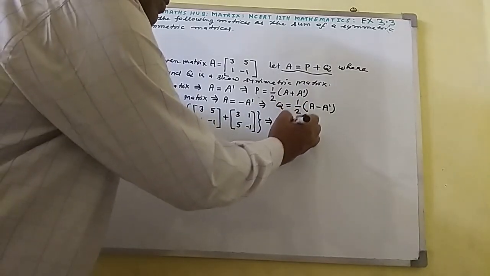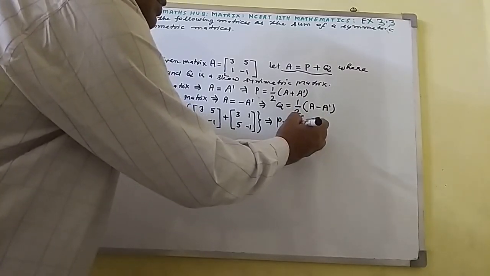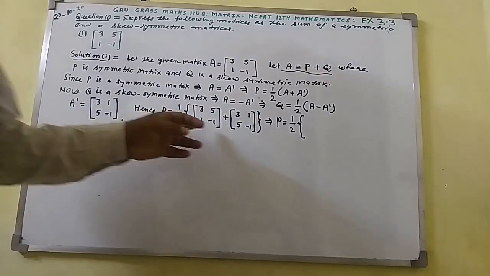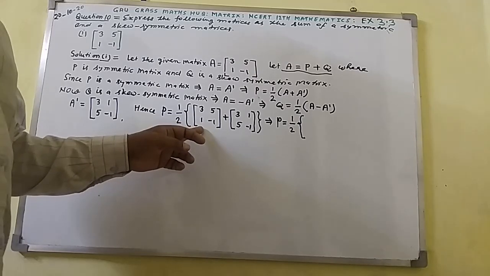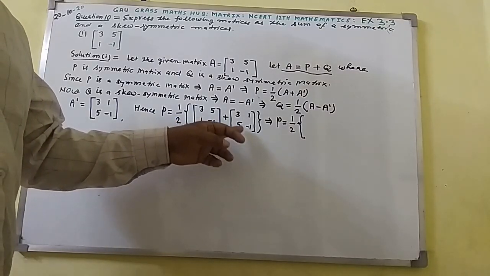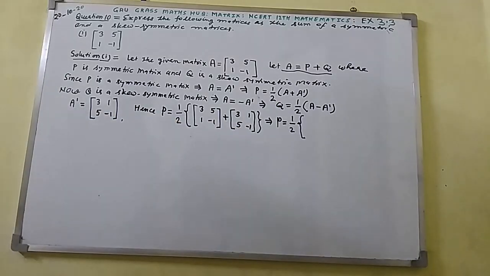Now it implies that the value of P I shall get here. P equal to 1/2, opening of the curly bracket. Now here you can see this is the given matrix A and this is the transpose of the given matrix. Both will be added together.